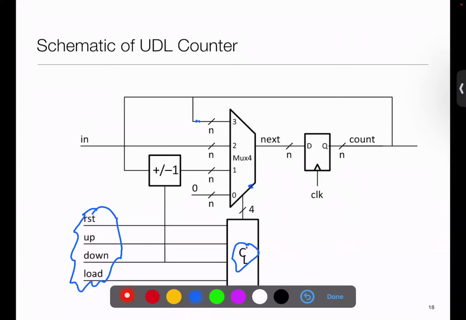One is count remains the same, another is load in, another is go 0, right? So if reset is high, then we load 0. We feed all of this into next. So this case is some module which is capable of doing +1 or -1, and that we are going to control with a down signal. We saw adder subtractor in a single unit way back when we were doing adder subtractor.